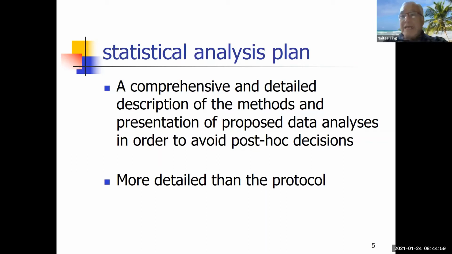So it has to be up to a level that everybody who sees the statistical method section in the protocol can be convinced the alpha is protected. But given that, it is not detailed enough to reflect what the real data could possibly be.